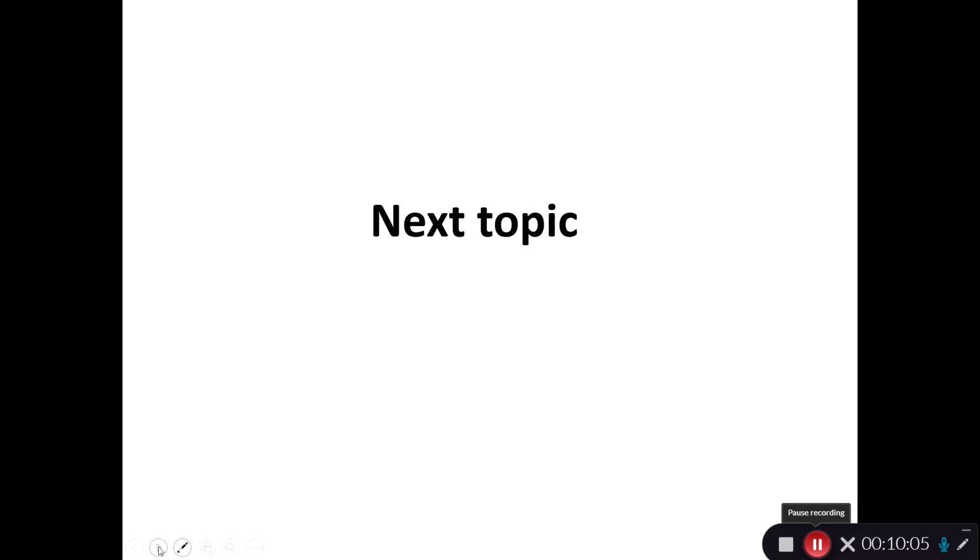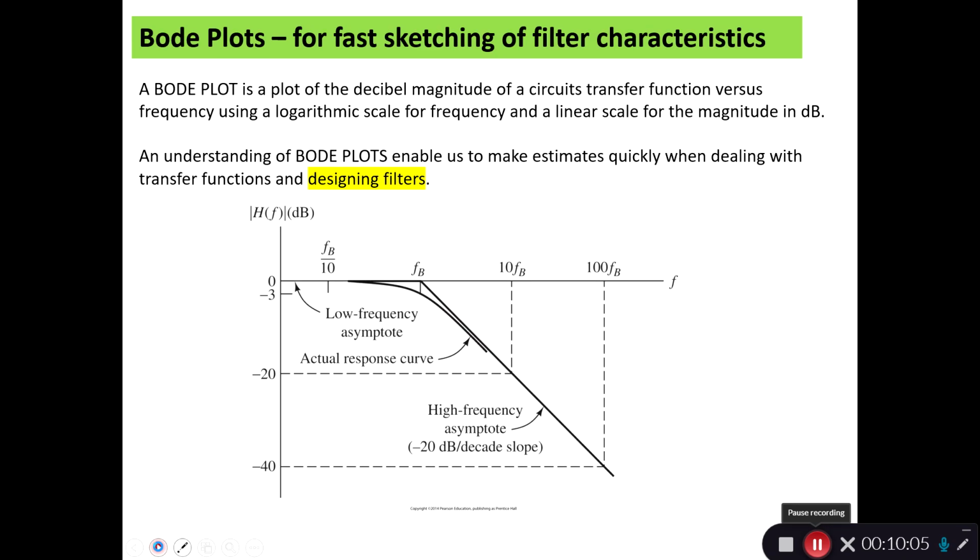So let's go to the next topic, Bode plots. A Bode plot is a plot of a decibel magnitude of a circuit's transfer function versus the frequency using a logarithmic scale. As you can see here on this small example, we have the break frequency.